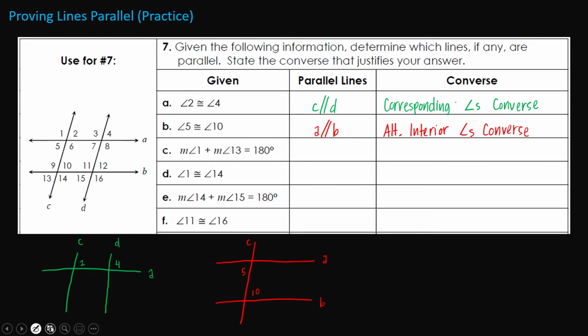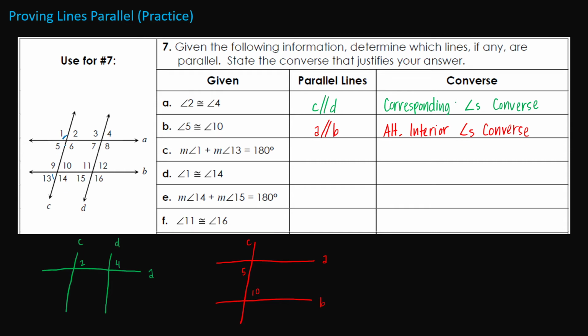Okay, I'm going to do a few more. So now my next one is the measure of angle 1 plus the measure of angle 13 equals 180 degrees. So I'm looking at angle 1 and angle 13.